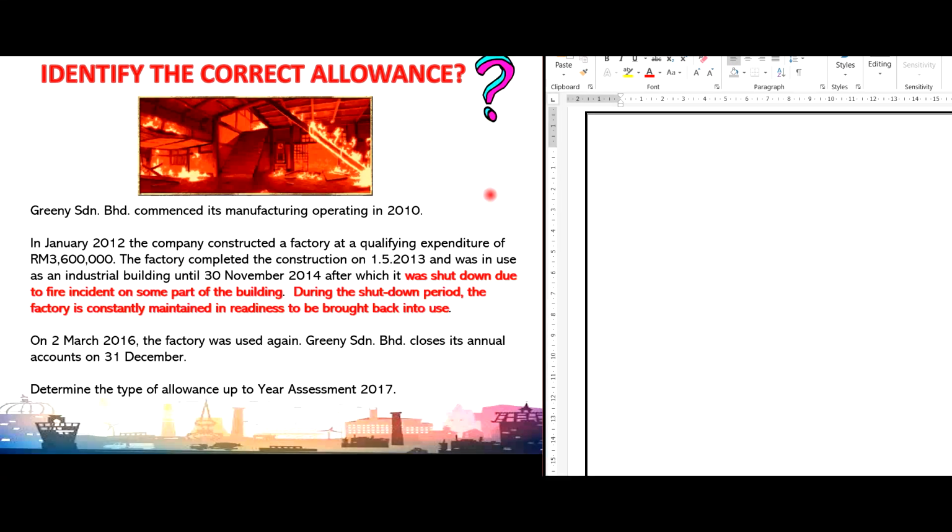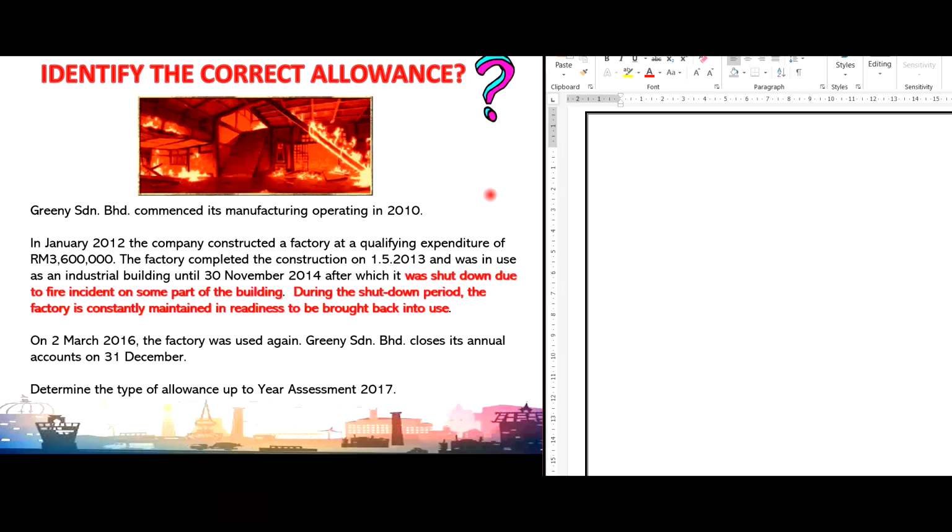Greenish Sdn Bhd commenced its manufacturing operation in 2010. In January 2012, the company constructed a factory at a qualifying expenditure, QBE, of 3,600,000 ringgit. The factory completed construction on 1st May 2013 and was in use as an industrial building, IB, until 30th November 2014, after which it was shut down due to a fire incident on some part of the building.